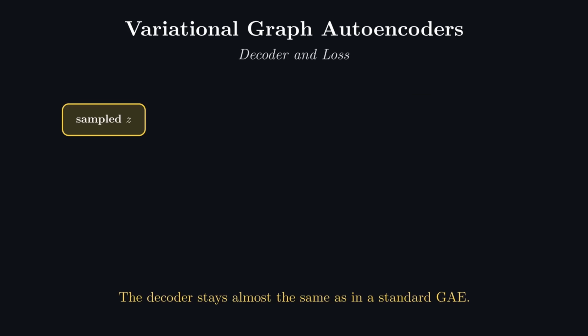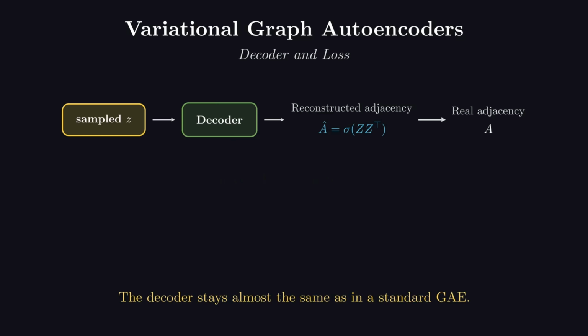After sampling z, the decoder works almost like in a normal GAE. It takes Z and reconstructs the adjacency matrix A hat. Then A hat is compared with the real adjacency matrix A. This gives the reconstruction loss. It checks whether the original edges were recovered correctly.